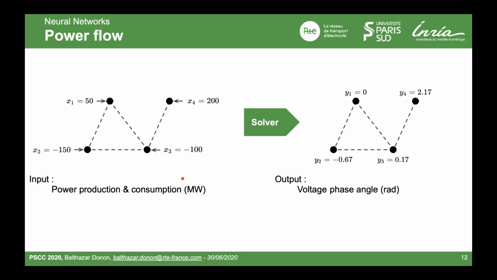As an input, you have the power productions and consumptions, which are the x's. Here your x has 4 dimensions because you have 4 electrical nodes. And using a solver, whichever solver you want to use, for instance, Newton-Raphson in the case of the AC power flow problem, you can predict the voltage phase angle here at every node.